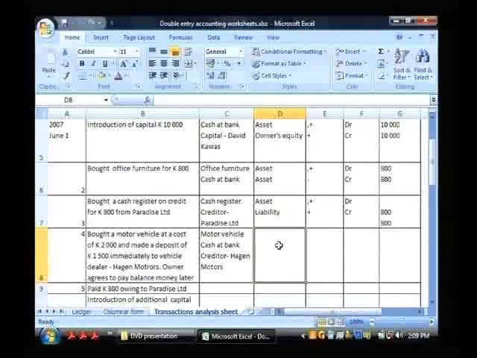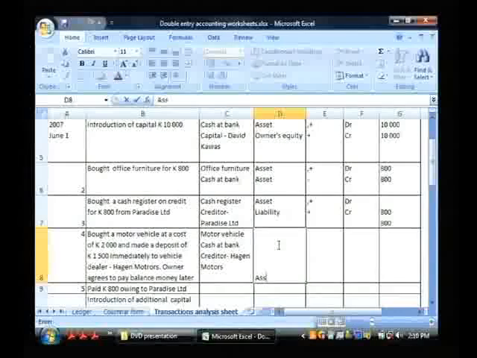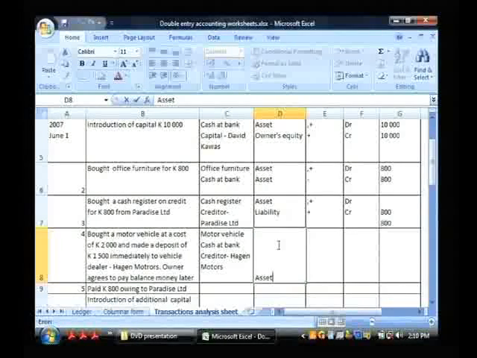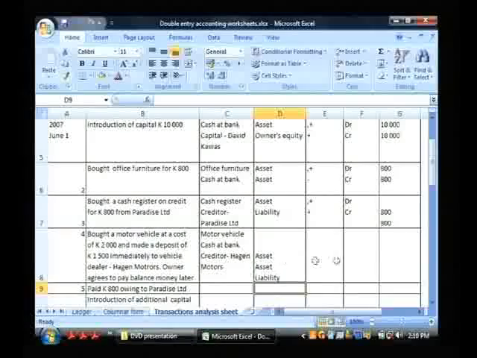Motor vehicle is an asset, so right here asset, and then cash at bank again asset, and finally the last item creditor, as you know, it is a liability. So we have 3 accounts, 2 asset accounts and 1 liability account.